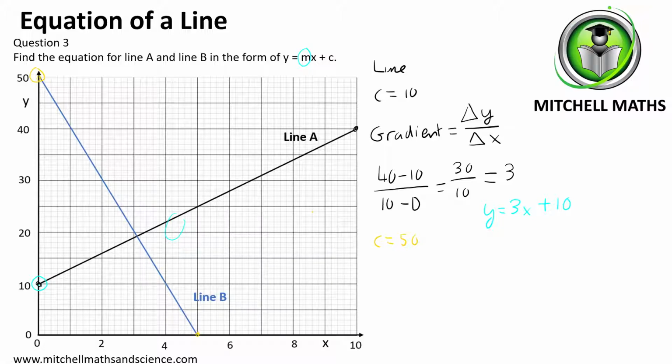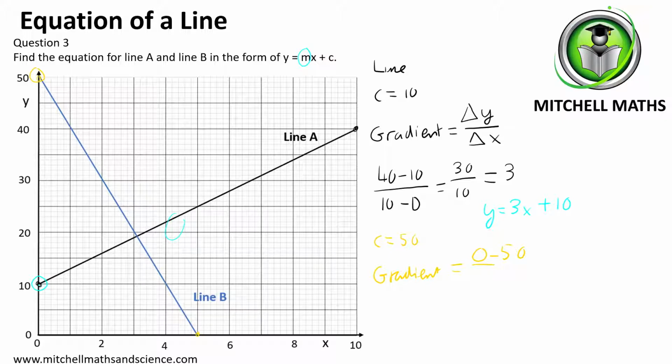Now remember, the gradient is the change in y over the change in x. So I'm going to look at this point here. My y value is equal to 0 here, and at this point it's equal to 50. Therefore it's going to be 0 minus 50. Remember, because it slopes downwards, you know that this gradient should be negative.